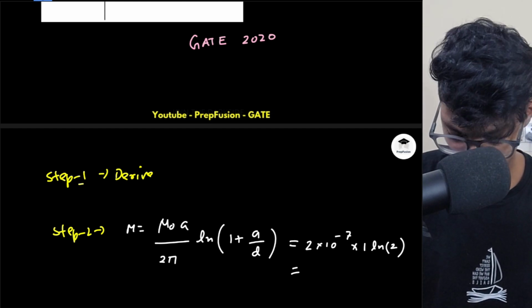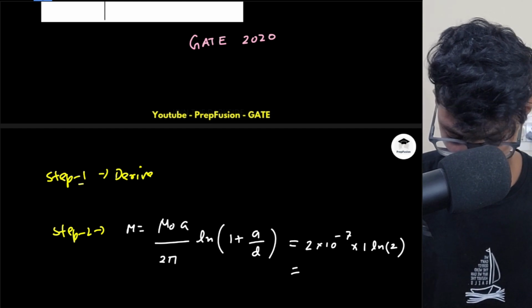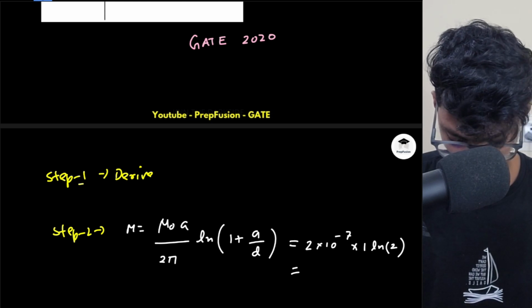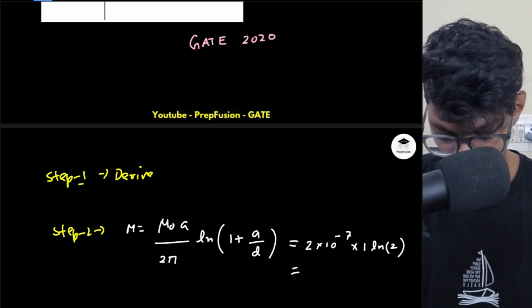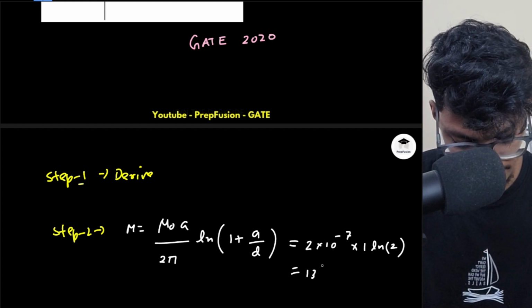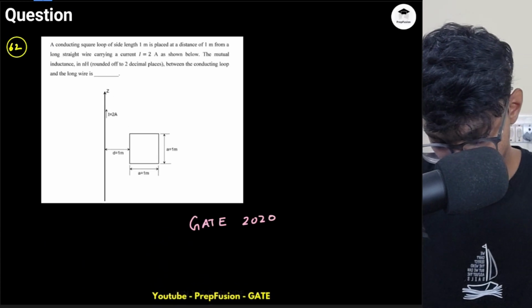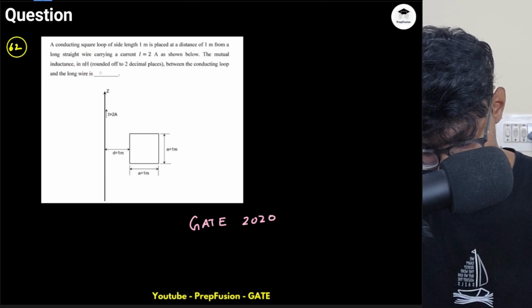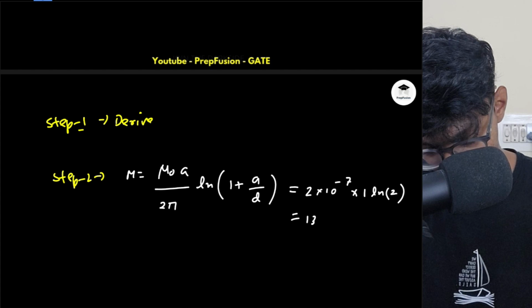So what will this equal? If I just solve this, 2 into ln 2, this will be 1.386. And if I multiply this by 100, this will be 138. They have asked for the answer in nanohenry, so please do take care of the units as well. I will convert this into nanohenry.